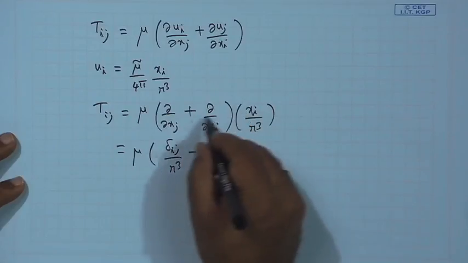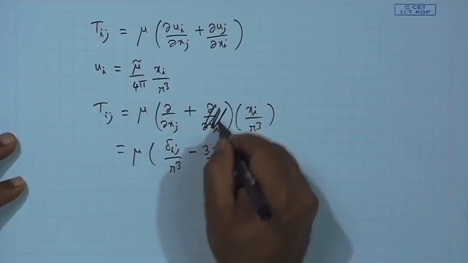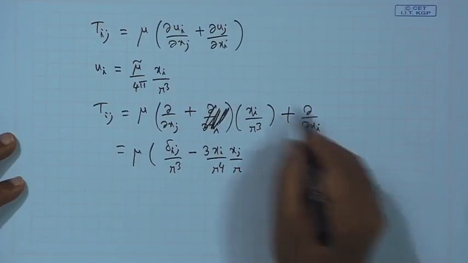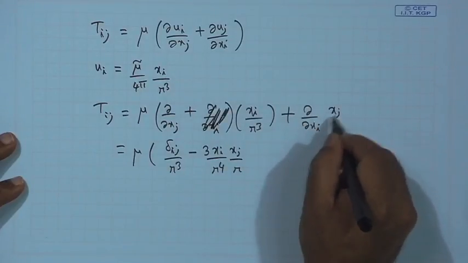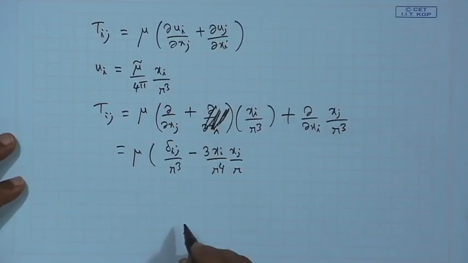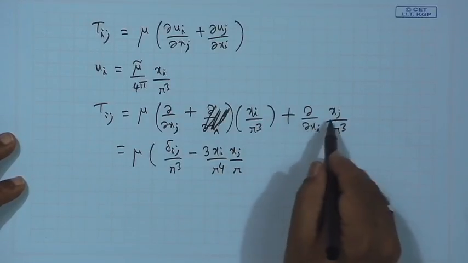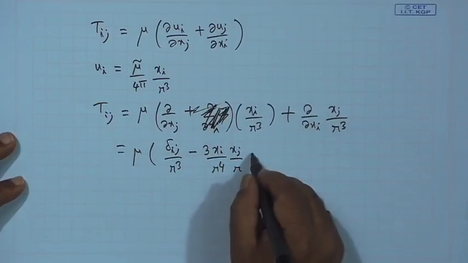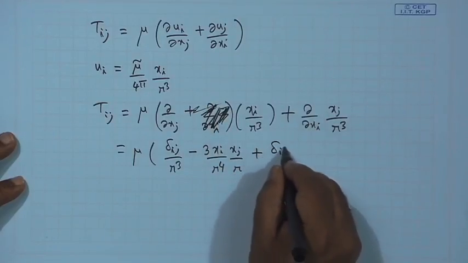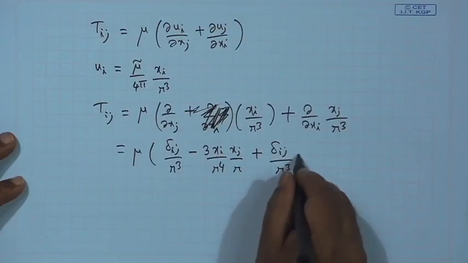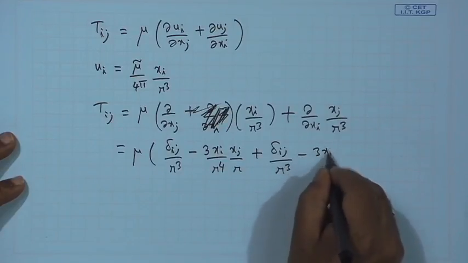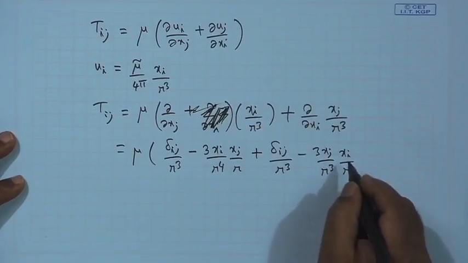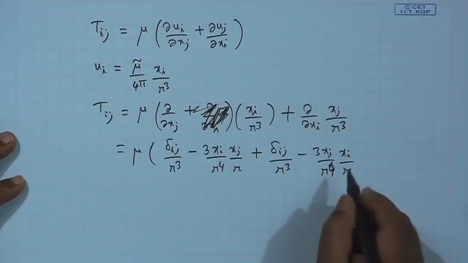So, the first one we have to operate on this plus ∂/∂x_i on u_j. So, that will be x_j by r cube. Okay. So, this if we do again the same way, we get again r^4 here.